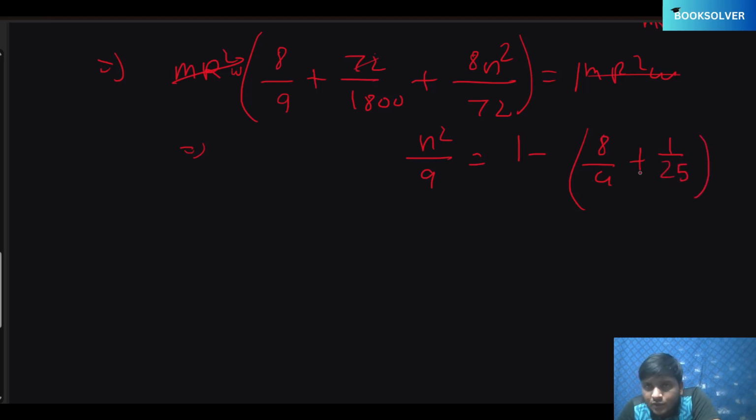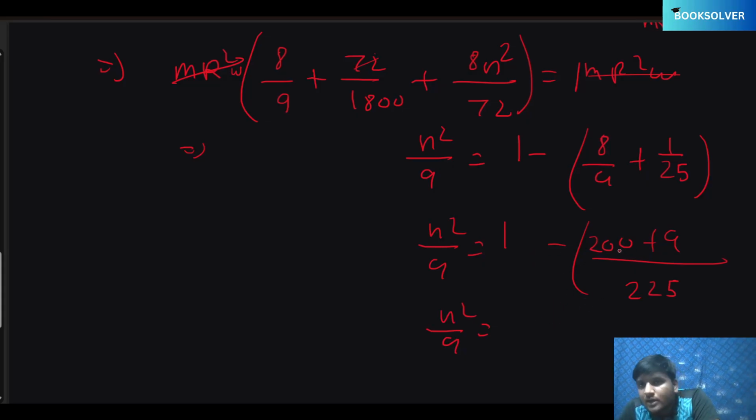If we sum them up, n square by 9 is equal to 1 minus 9 by 225, plus 8 over 200 into 25. So n square by 9 should be equal to 225 minus 209 over 225, which is basically 16 by 225.